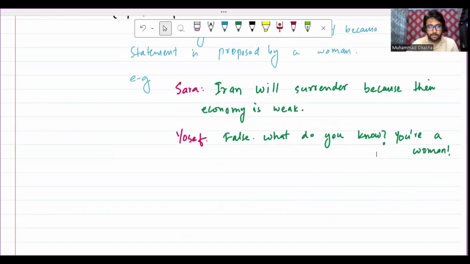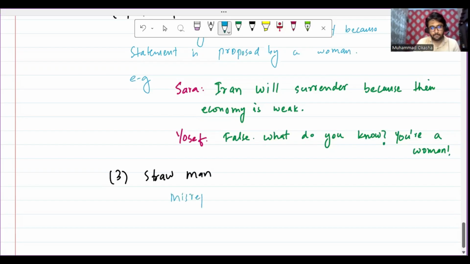The third one is called straw man, and straw man means misrepresenting someone's argument to make it easier to attack, right?